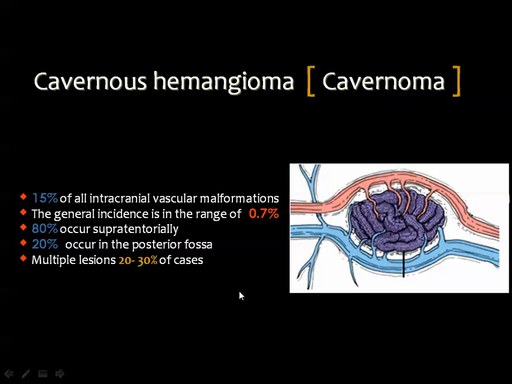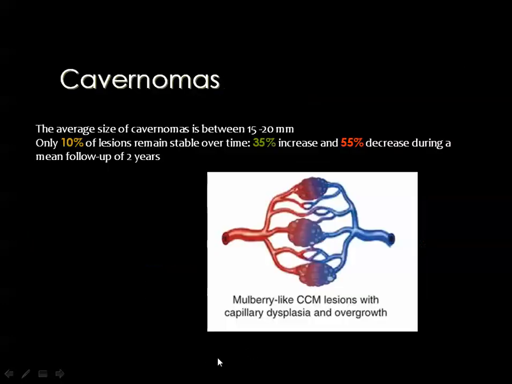Multiple lesions usually occur in 20 to 30% of cases, but in familial patients, and this lesion is familial, multiple lesions may be seen in up to 90% of the cases, as I will show to you.